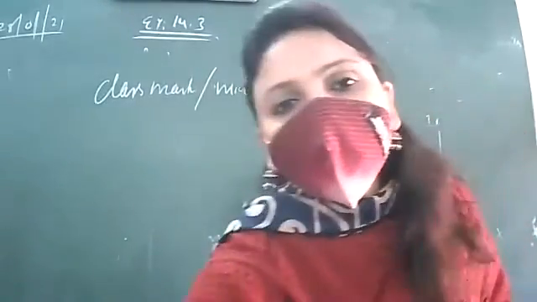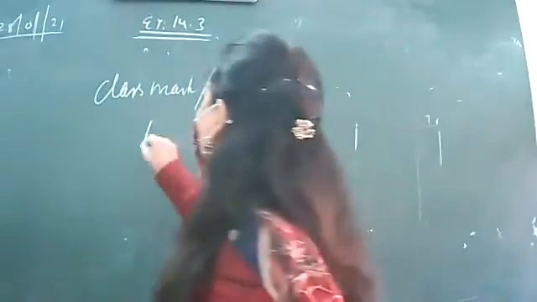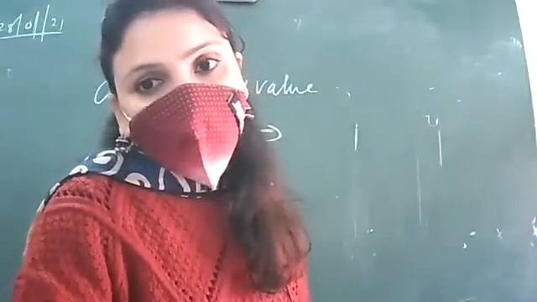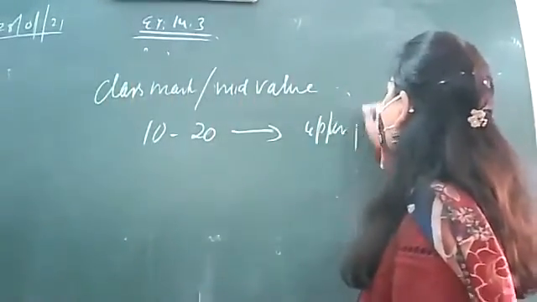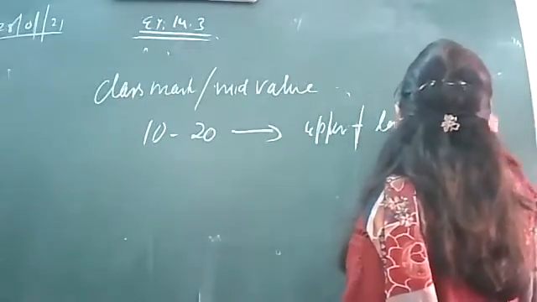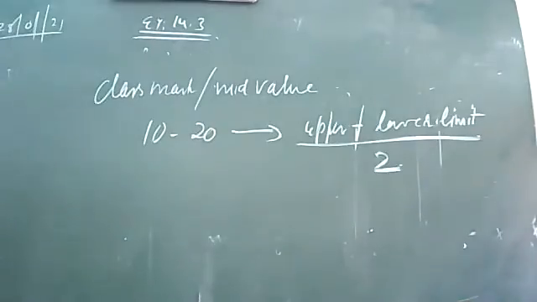Suppose we are having the interval, say 10 to 20, and we want to find its class mark. So what is the formula to find out the class mark? Upper limit plus lower limit over 2. This is the formula for class mark.